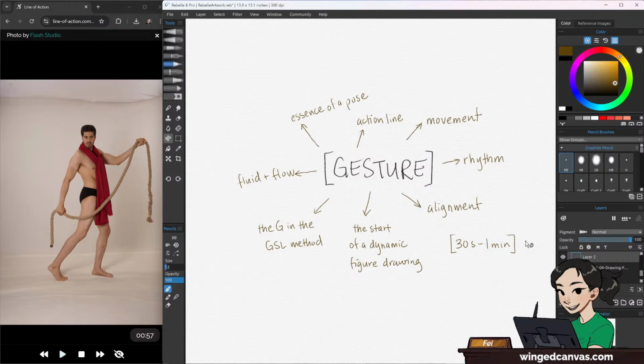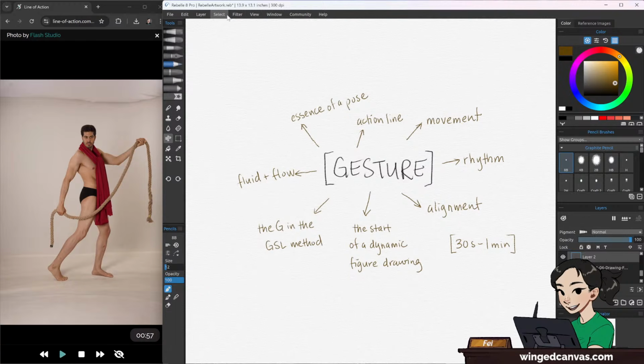If you're more experienced or you want to get into animation, I would suggest 30-second drawings. 30-second drawings can be a really good way of practicing your figures and making sure that you're not putting too much time into the gesture phase. Okay, so these are all good.